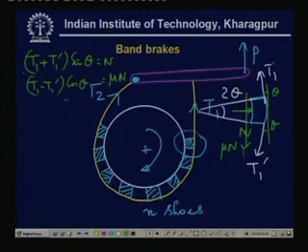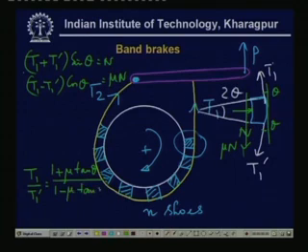If you then make the necessary calculations, you get the following result: T 1 by T 1 prime is 1 plus mu tan theta divided by 1 minus mu tan theta, which is of course more than 1. Therefore, T 1 is greater than T 1 prime.